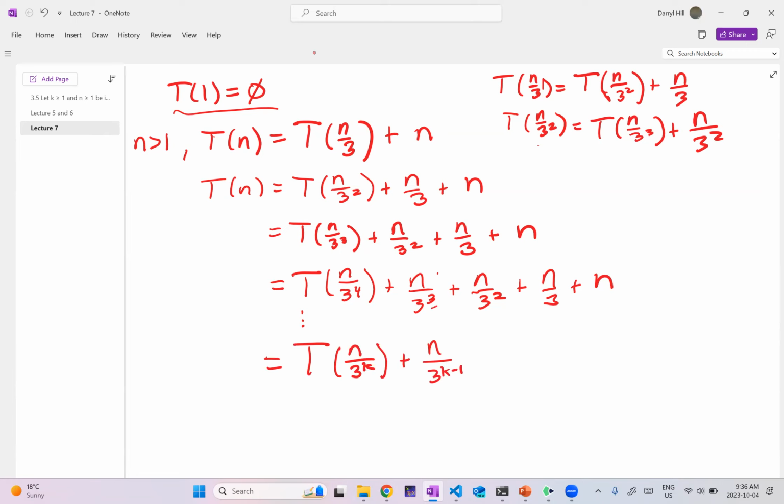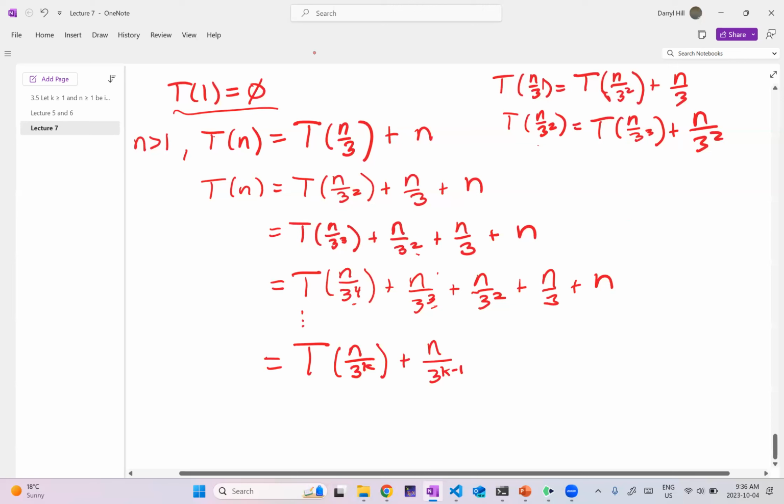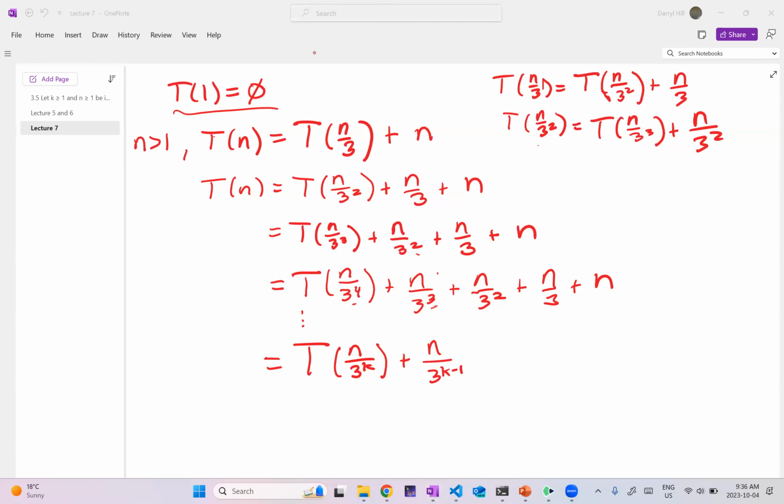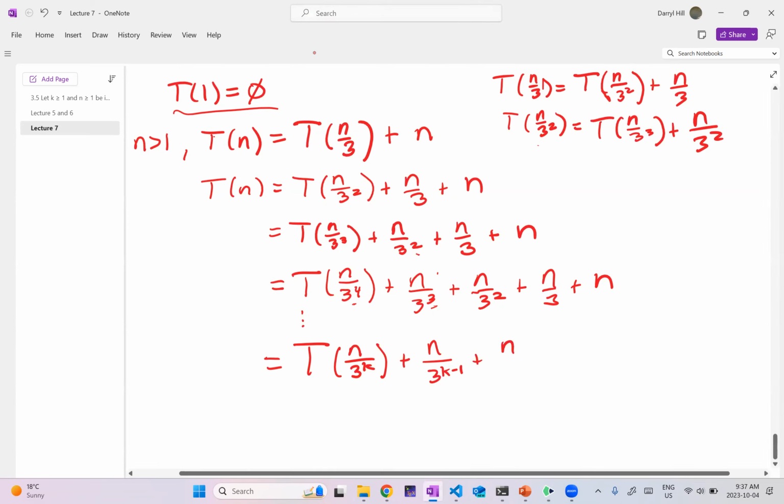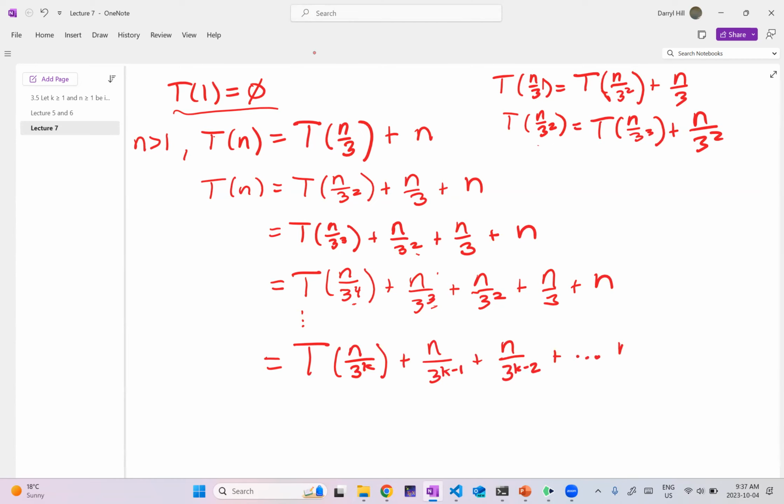If I look, this is 3 to the 3rd and this is 3 to the 4th, and the latest exponent is always 1 less than the denominator in my recurrence. So then this is plus n over 3 to the k minus 2 plus n over 3 plus n. All right. Everybody still with me?